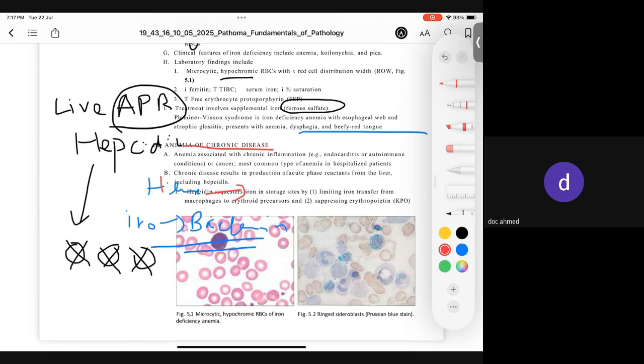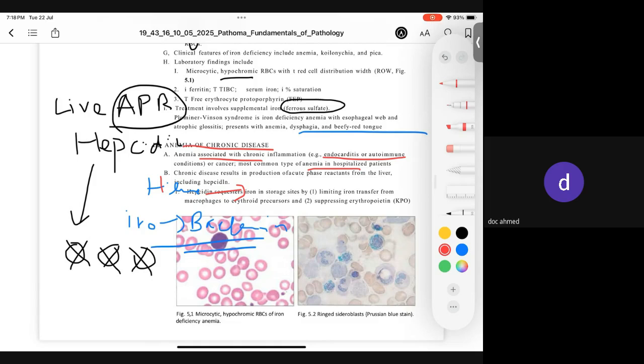So let's read our text, what they are saying. Anemia associated with chronic inflammation, like endocarditis and autoimmune diseases. I just told you, rheumatoid arthritis and SLE, keep those two things in mind that are really important, right? It is the common type of anemia in hospitalized patients, obviously. What would happen? It would result in acute phase reactants from the liver, for example hepcidin. What is this hepcidin going to do?